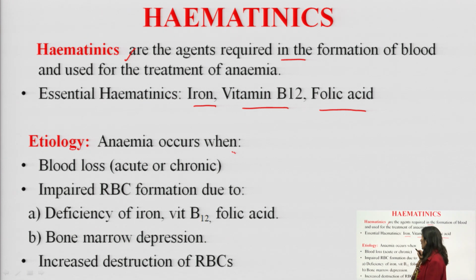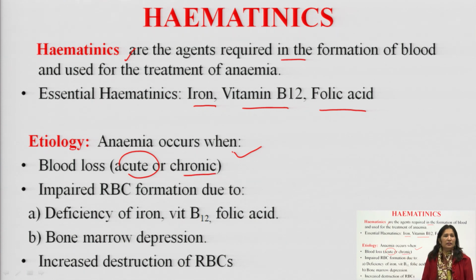Anemia occurs whenever there is blood loss, and this blood loss can be acute like hemorrhage or it can be chronic like GI blood loss during ulcers.